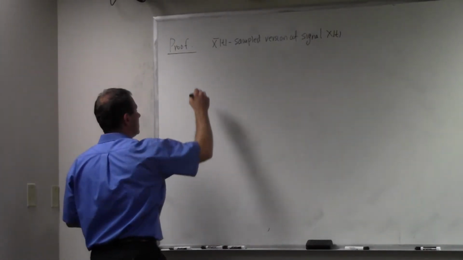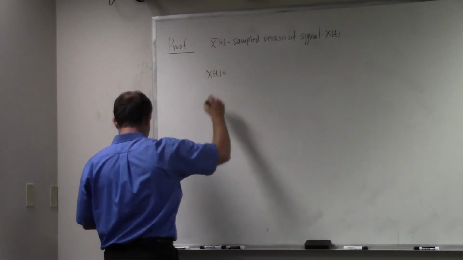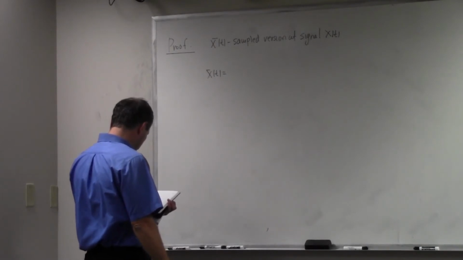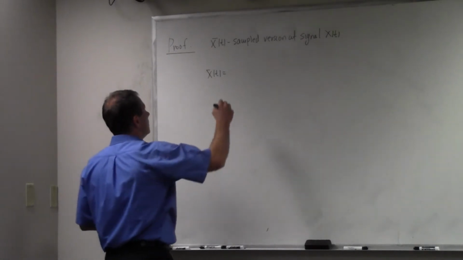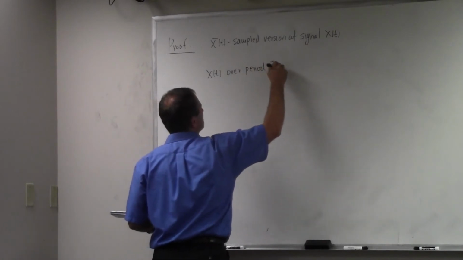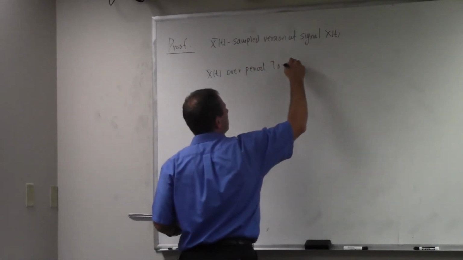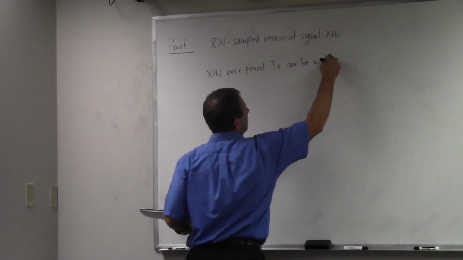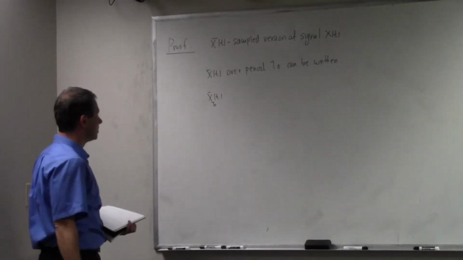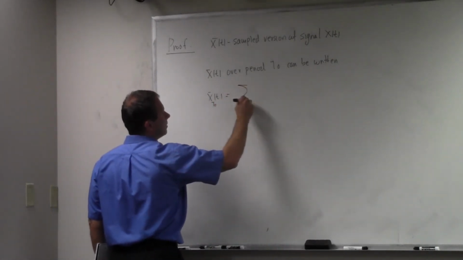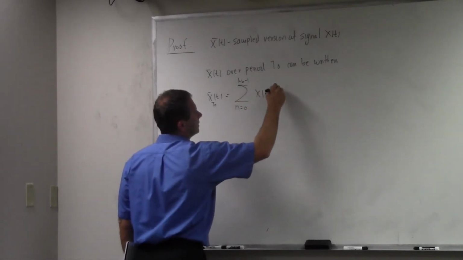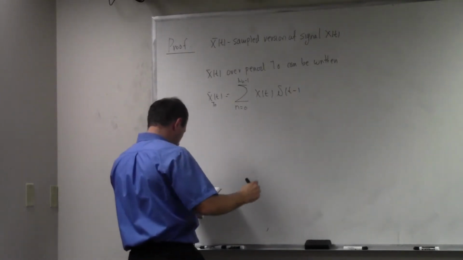We know that x hat of t over period t0 can be written as, let me put here t0, although it's not in the notes, but for you guys to know, the sum when n goes from 0 to n0 minus 1 of x of t times delta of t minus n ts.